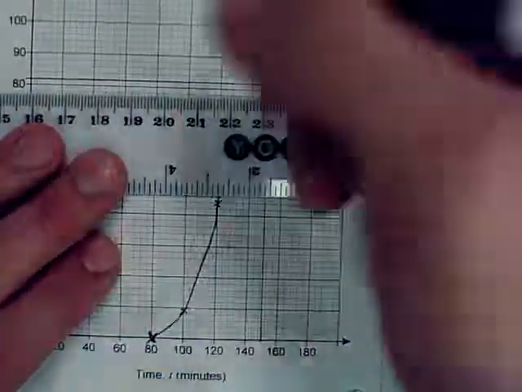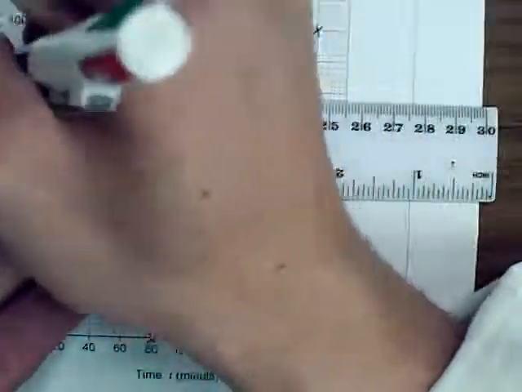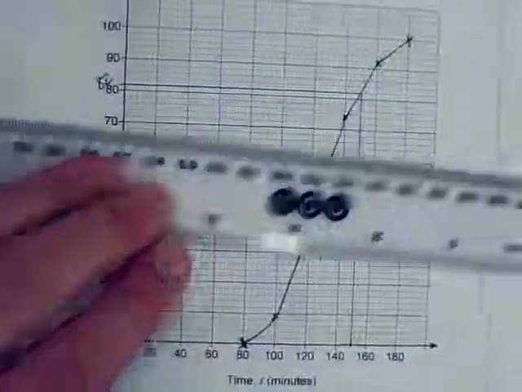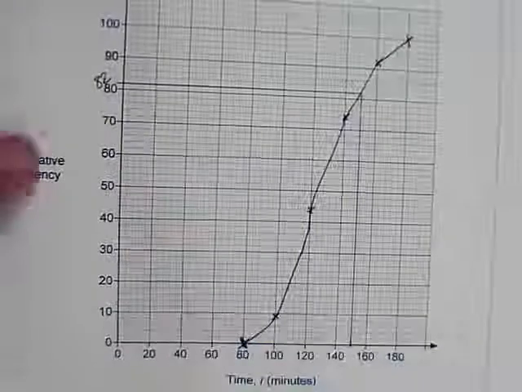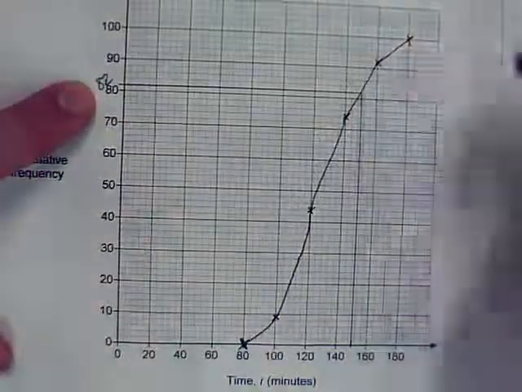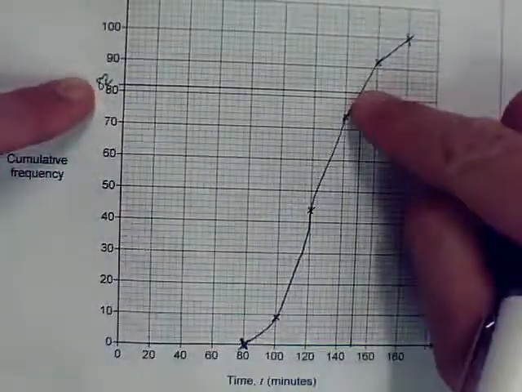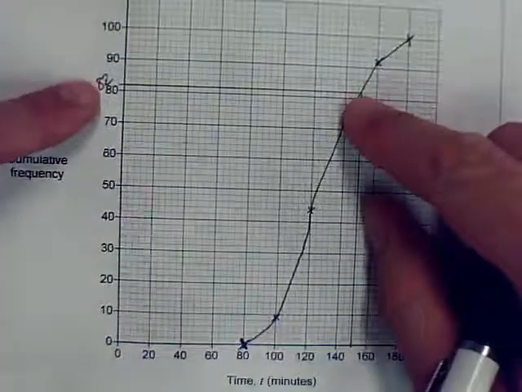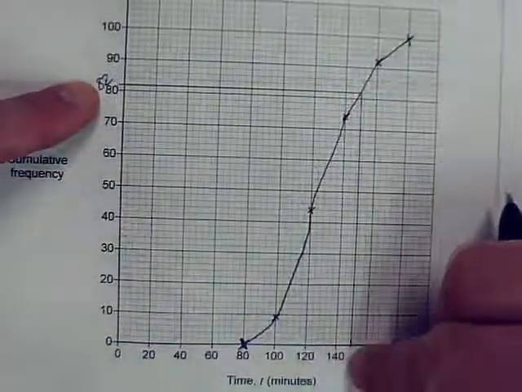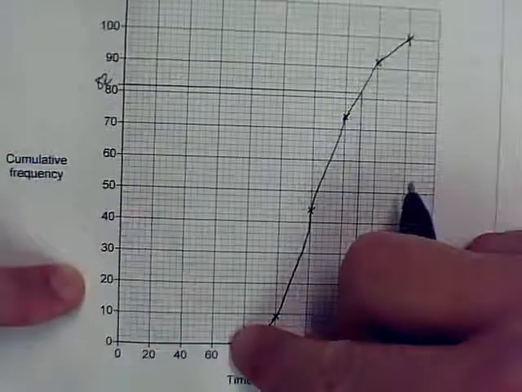And this value is 82. Remember, each square on the vertical axis was 2. Just think about this. 82 films were 150 minutes or less.